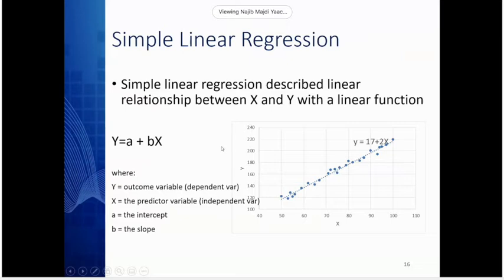During our secondary school, we called it y equal to mx plus c. Both are similar. Y is the outcome variable, x is the independent variable, a is the intercept, and b is the slope, or the gradient.